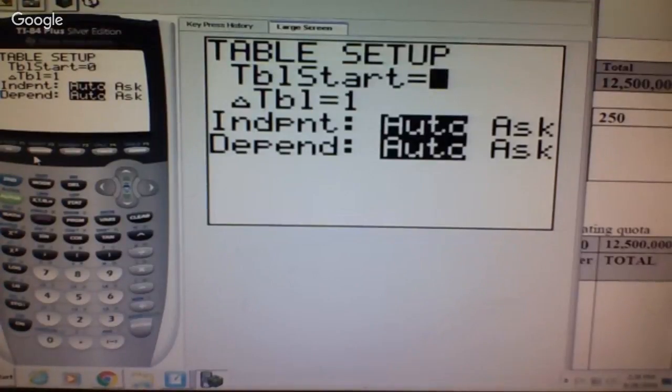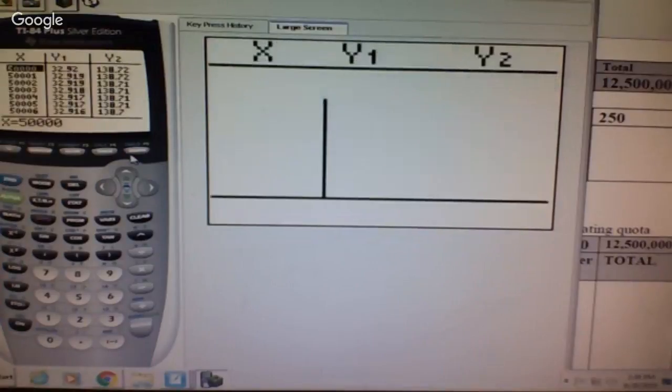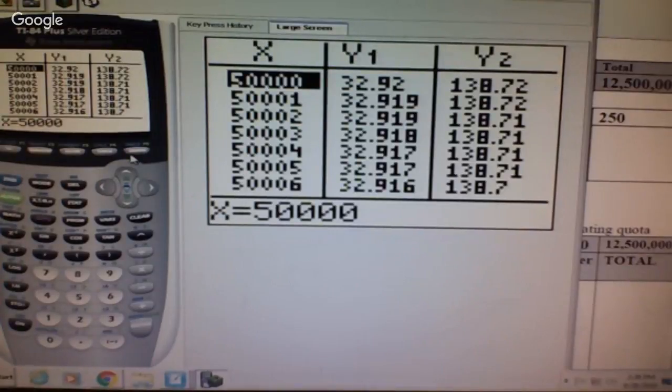Where it says 0, you're going to put in 50,000. 50 and 3 zeros. Okay, we good here. Now you want to hit second graph to bring up your table.